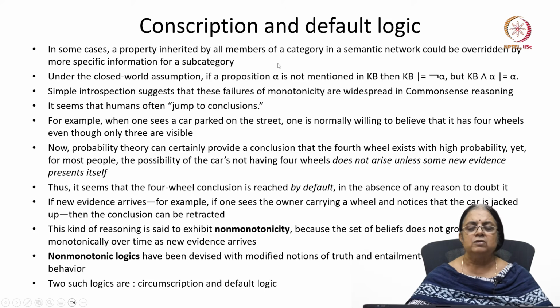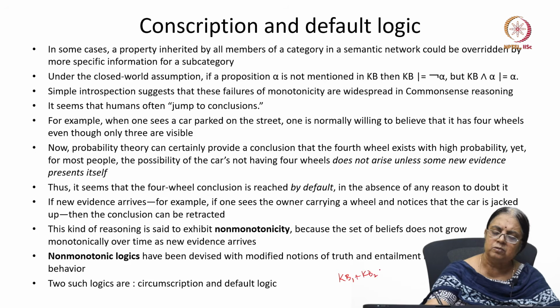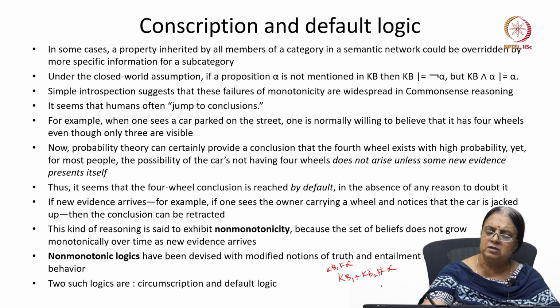Okay. So what happens is that, like I said, when knowledge base 1 plus knowledge base 2 does not entail alpha, okay, when knowledge base 1 before entailed alpha, then you say that it is non-monotonic.